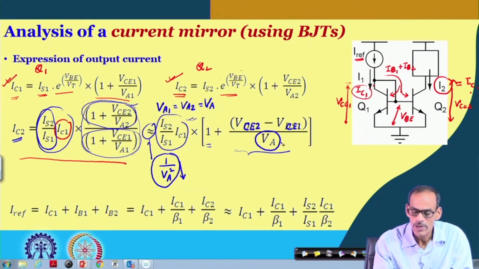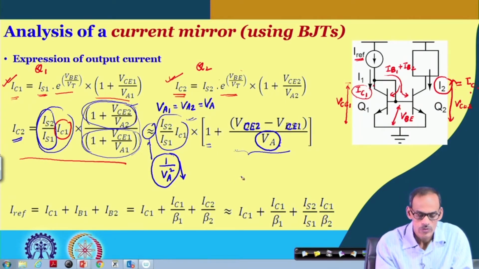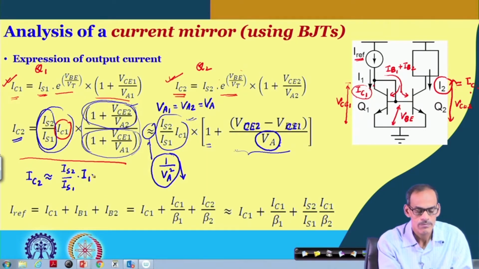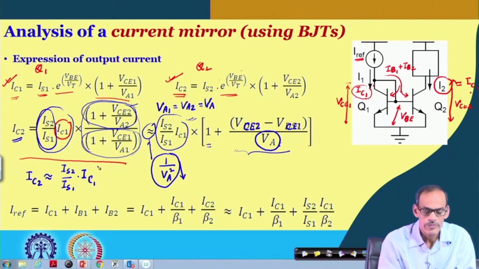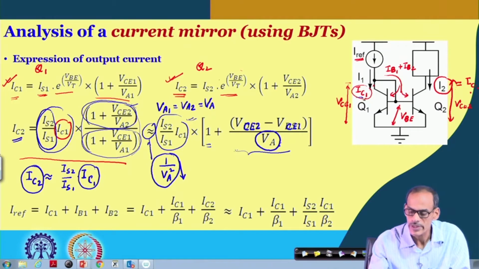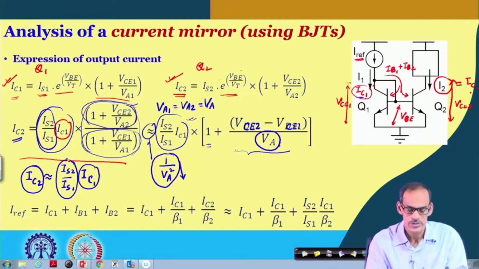So, dropping this part, dropping even the 1 by VA part, we can say that IC2 is approximately equal to IS2 divided by IS1 into IC1. Now, the expression of this current primarily depends on the collector current we have here, multiplied by the ratio of their reverse saturation current.